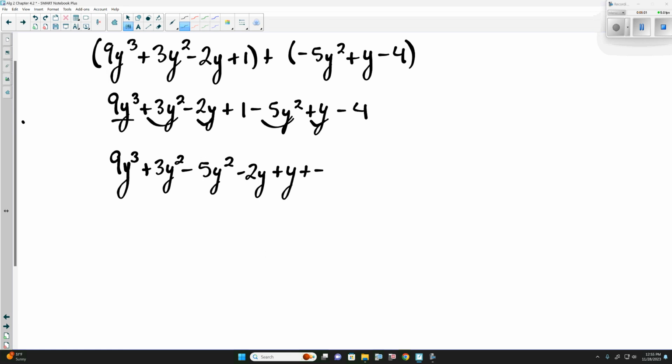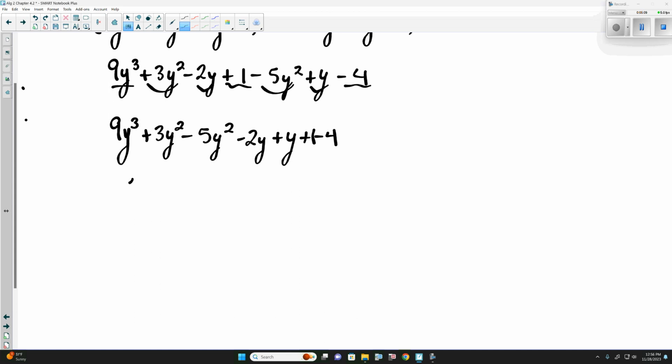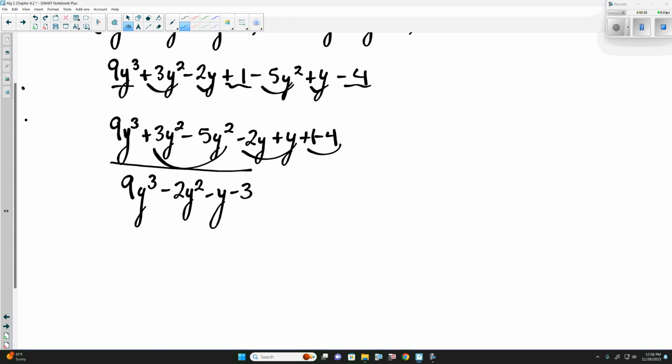And lastly, we have our plus 1 and minus 4. And last but not least, we can combine our like terms. So we have 9y cubed. 3y squared minus 5y squared is negative 2y squared. Negative 2y plus y is negative y. And 1 minus 4 is negative 3.